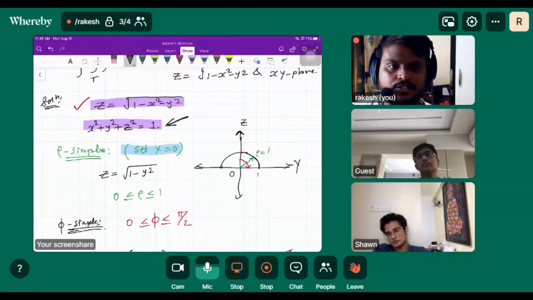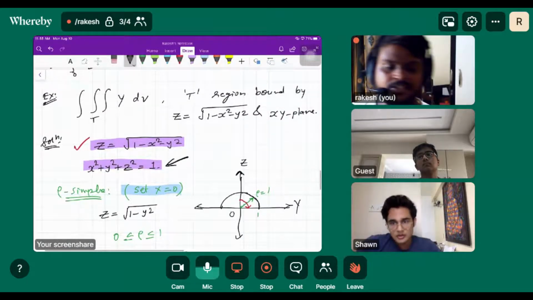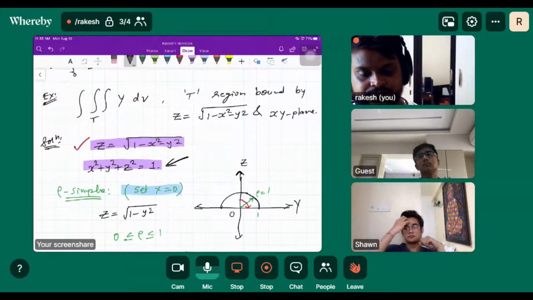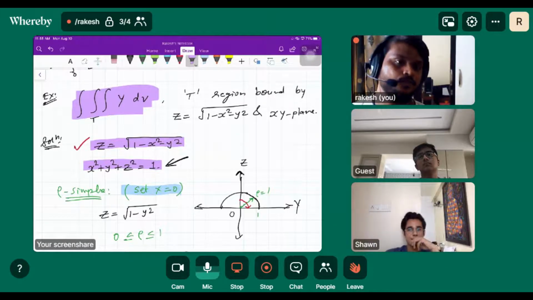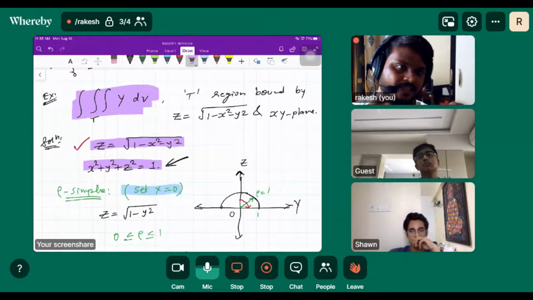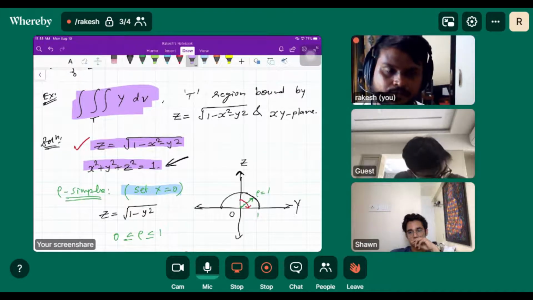Yes, definitely, because we are just simplifying this integration. In the question, they have not said to find the mass or volume of that particular region. Volume could not be 0, but the integration can be 0.